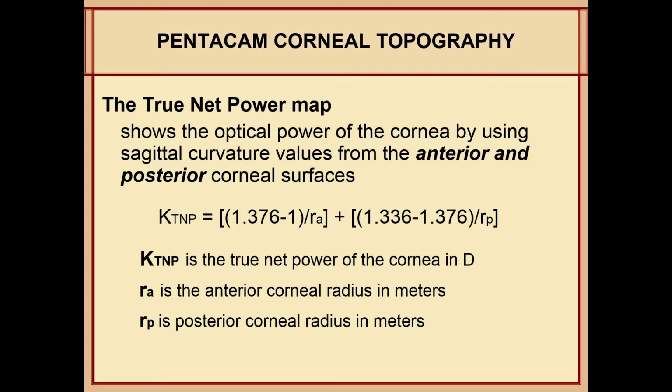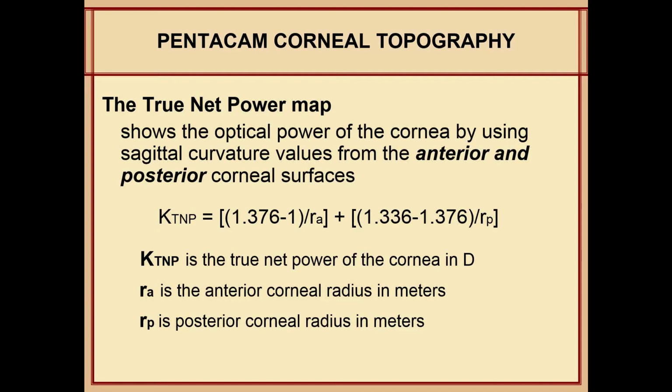How about the true net power map? The true net power map is the true value of the cornea. And it is the optical power of the cornea by using the measurement from the anterior and the posterior corneal surfaces. And for that reason, on the front part, the index of refraction is 1.376 minus 1 for the air divided by the anterior radius.